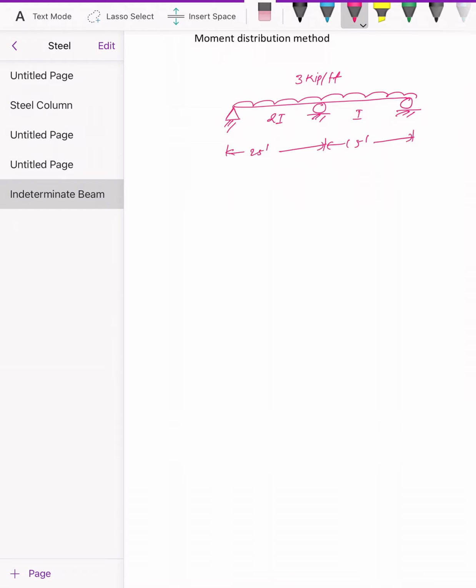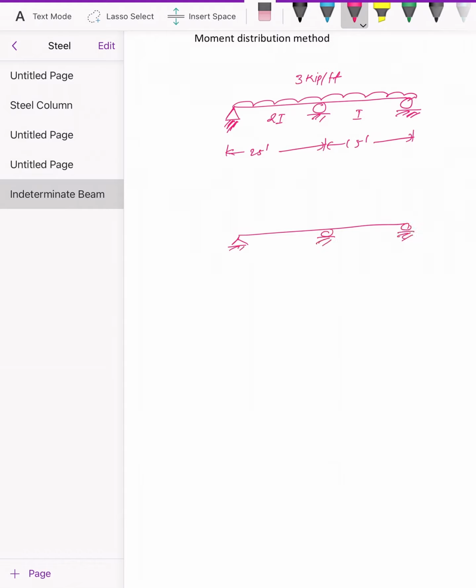But just to explain. First of all, we have to identify what will be the deflected shape of this beam. So let's say here the moment is 0, it is a hinge, so it cannot take any moment. And as a roller support, the moment at the end is 0. So let me quickly make a sketch and show you.